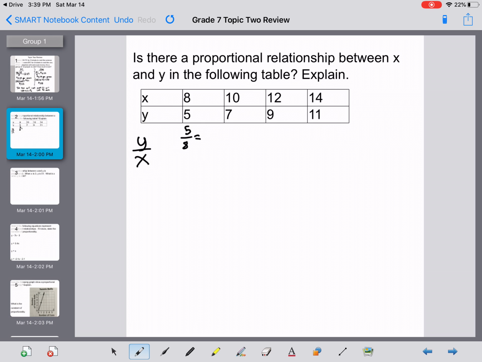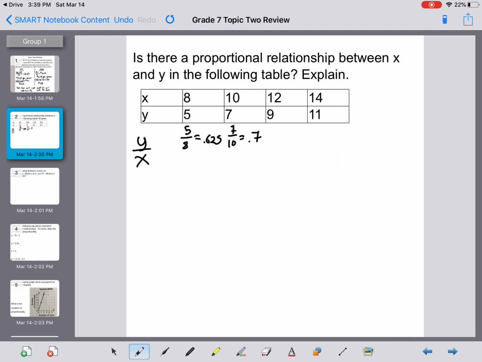So 5 divided by 8 is equal to 0.625. 7 divided by 10 is equal to 0.7. Now since these are not equal, I don't even have to do the rest.